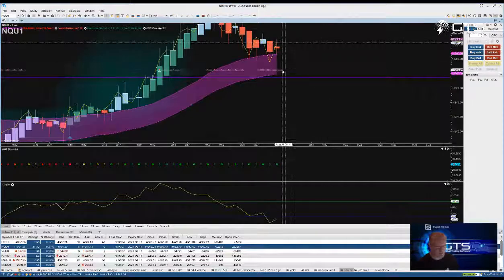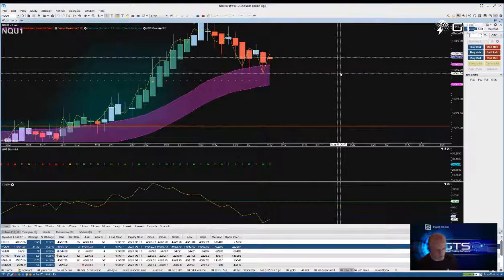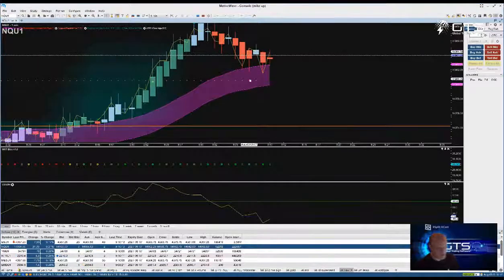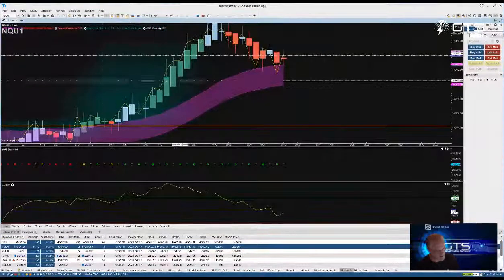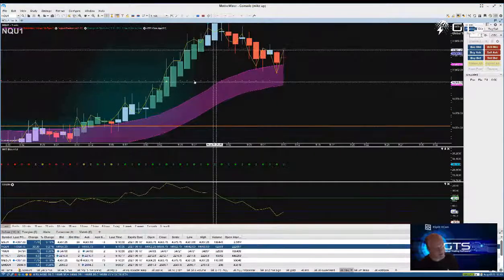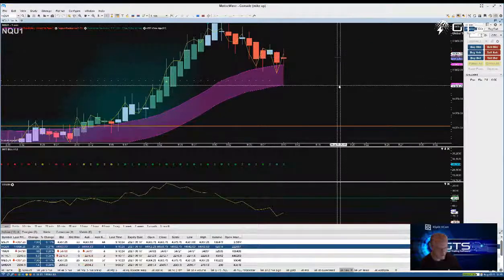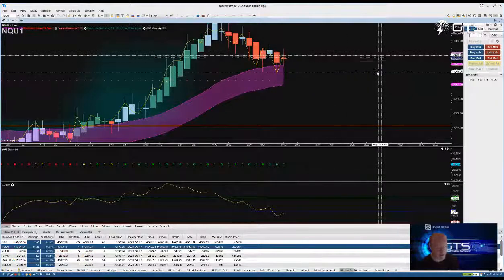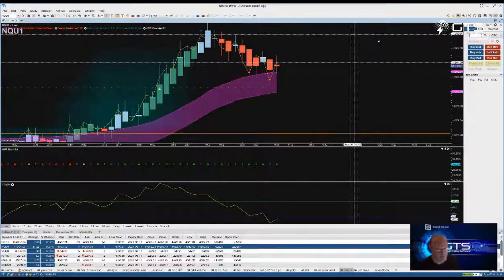You got this old resistance, new support. And if you're new, remember, when price passes through old resistance, resistance is right here. You hit resistance, and once it passes it, resistance becomes your new support. This is now your new support level. In case you didn't know that, and people starting out new don't know that, so that's what I'm telling you.